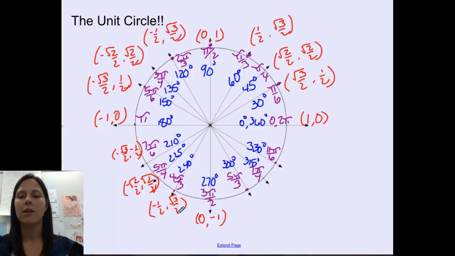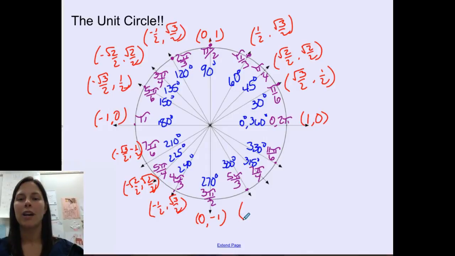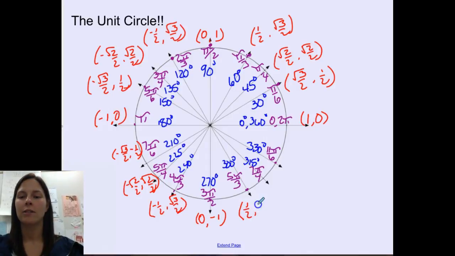Reflecting that one more time, the one closest to the y-axis, this time our x value is positive and our y value is negative. Root 2 over 2, negative root 2 over 2. And the one closest to the x-axis starts with root 3 over 2. And then we have the negative 1/2.